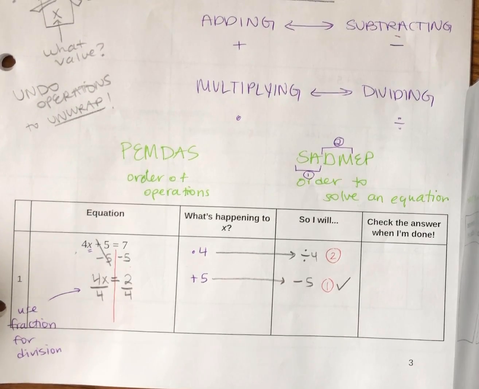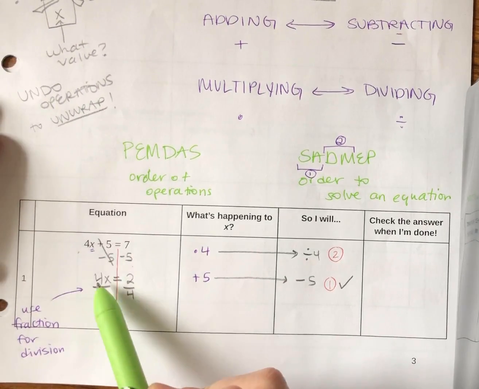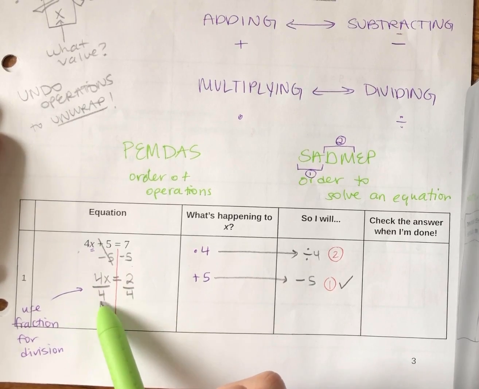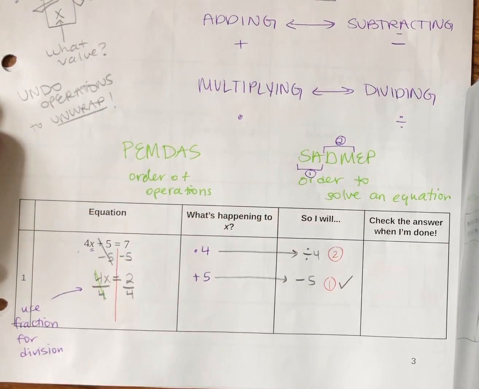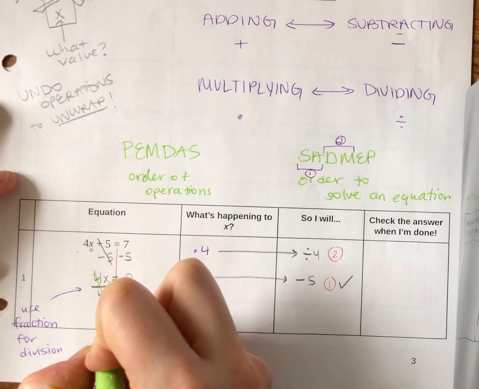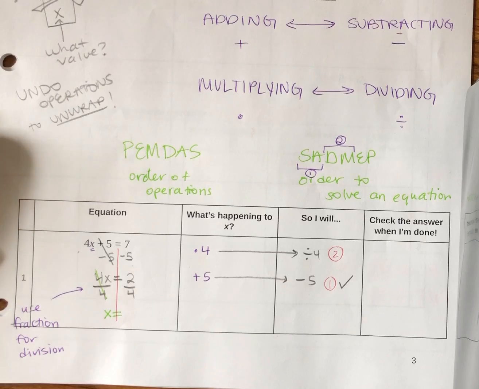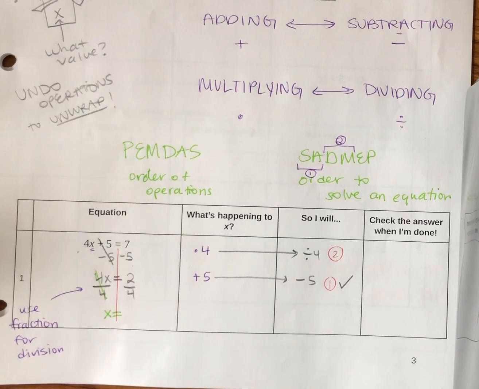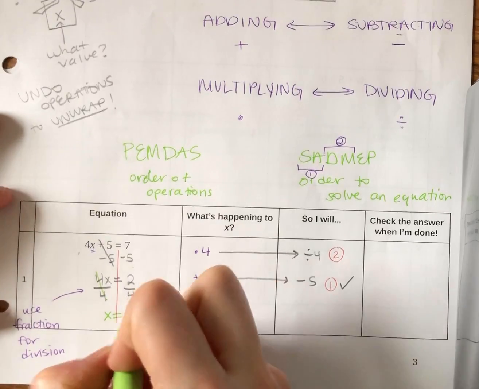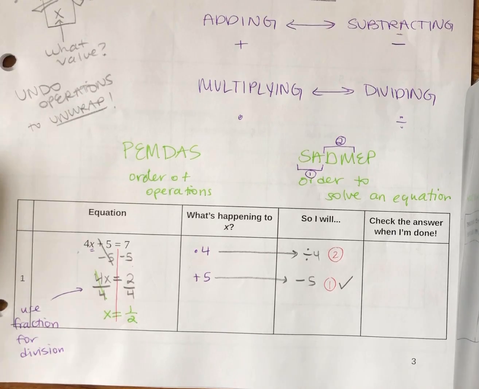So if I take 4 x's and I divide by 4, times 4 and divide by 4 cancel each other out. I'm just left with 1 x. On this side, I'm left with 2 divided by 4. Well, 2 divided by 4 is not a whole number, it's actually a fraction. It's 1/2. So my value of x has to be 1/2.